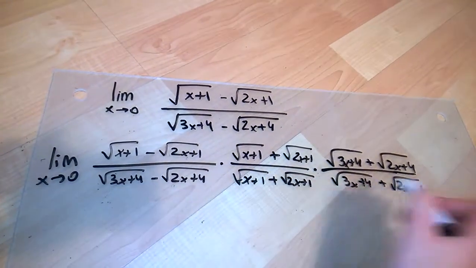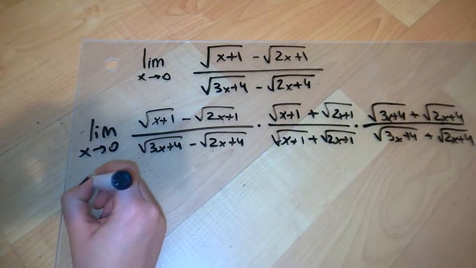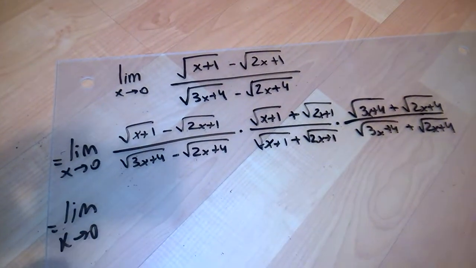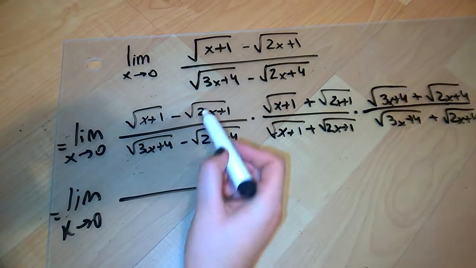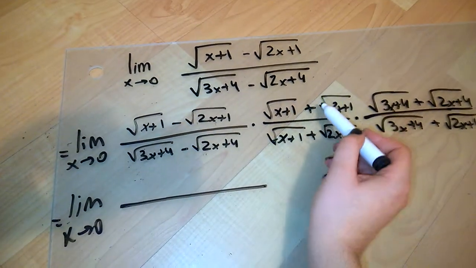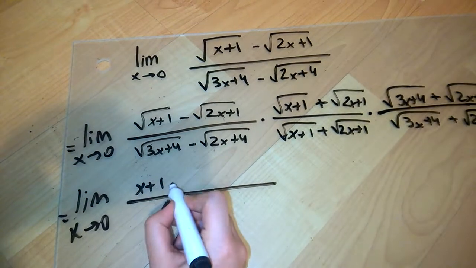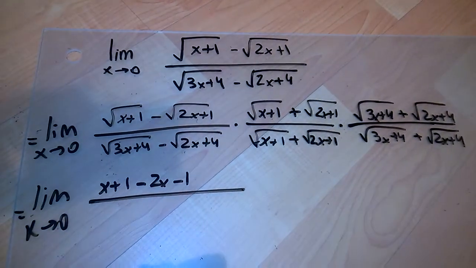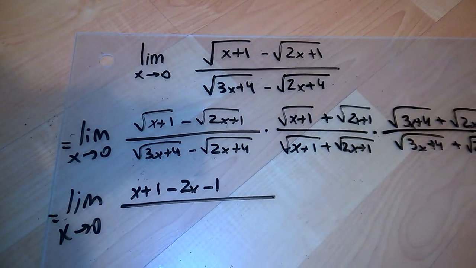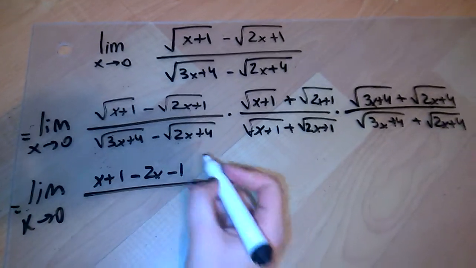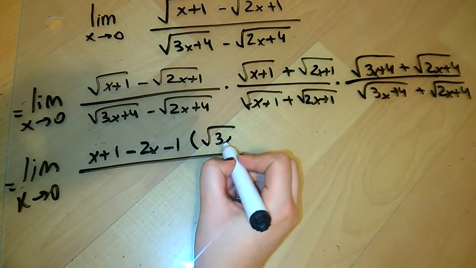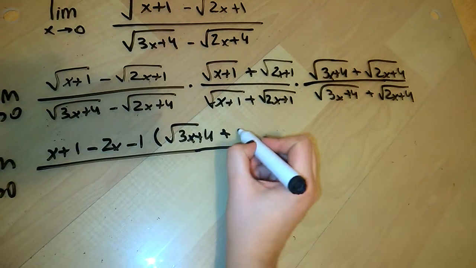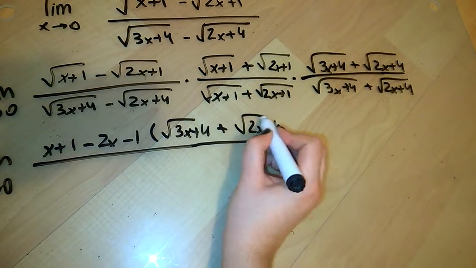Okay, so we have that limit as x approaches 0, and we will get rid of the square roots right there, so we'll have x plus 1 minus 2x minus 1, I just opened the brackets, times the square root of 3x plus 4 plus the square root of 2x plus 4.